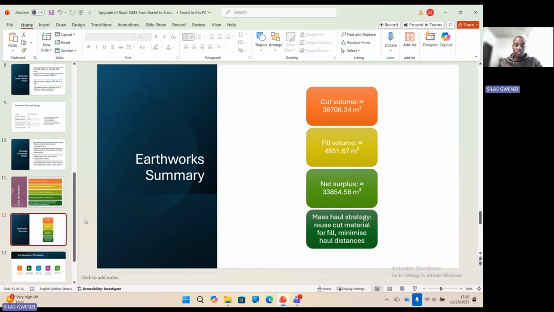Hence, the cut volume was approximately 38,706.24 cubic meters, and the fill volume was approximately 4,851.67 cubic meters, which gives us a net surplus of 33,854.56 cubic meters. The mass haul strategy: we are going to reuse the cut material as fill, hence minimizing the haul distances.